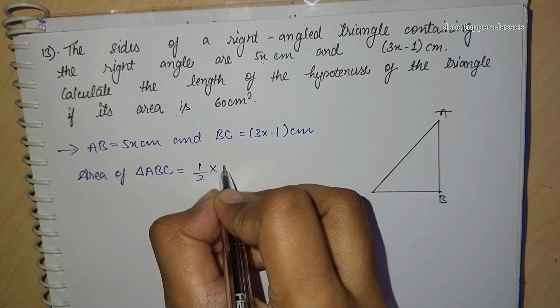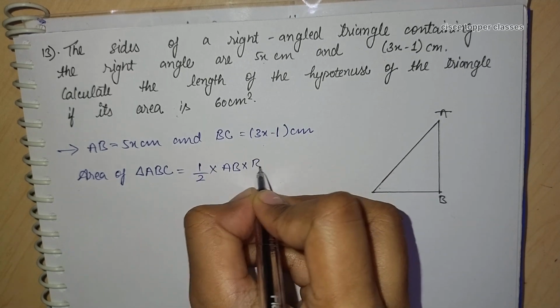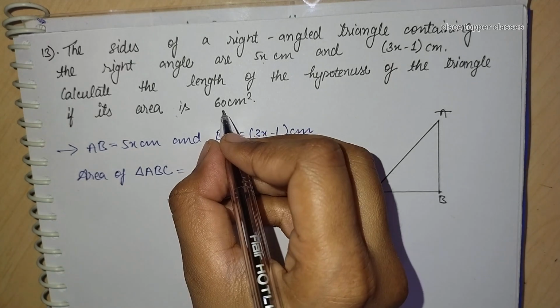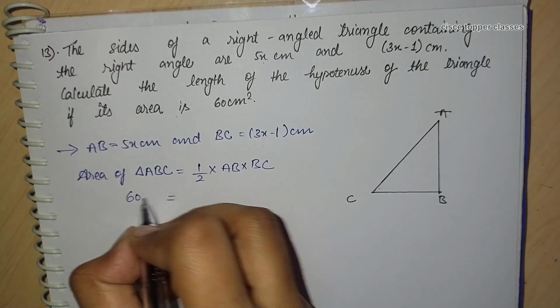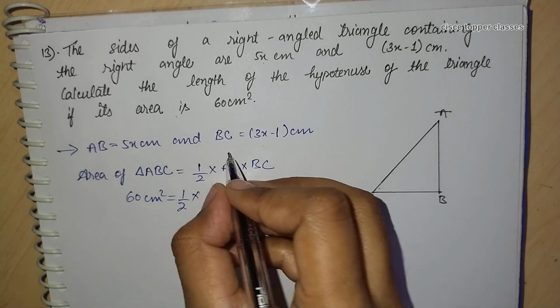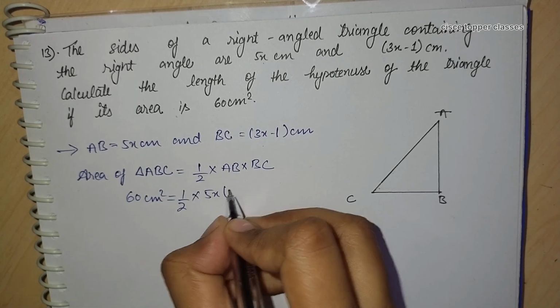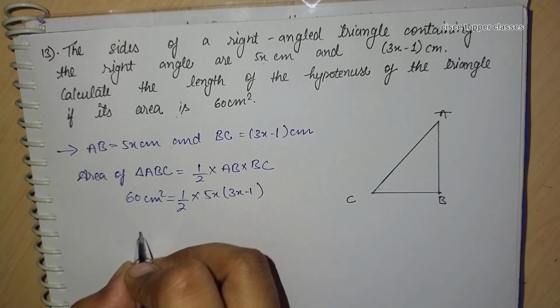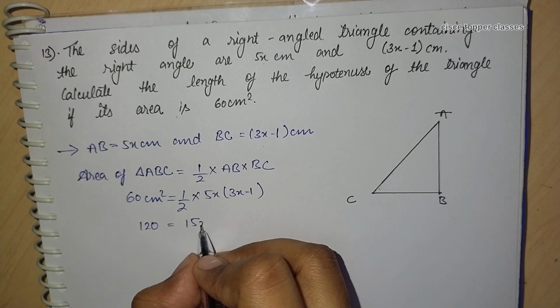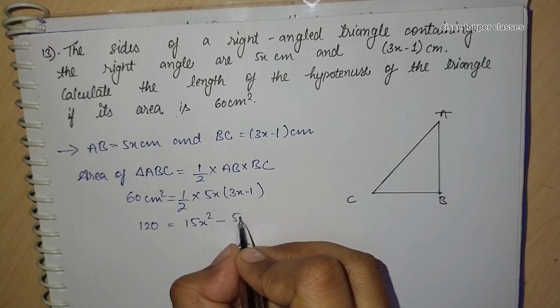So this will be half AB into BC. We can put the value, this is equal to 60 centimeter square area. So we will put area as 60 equal to half into AB, AB is 5x and here BC is 3x minus 1. So this will be 120 equal to 15x square minus 5x.